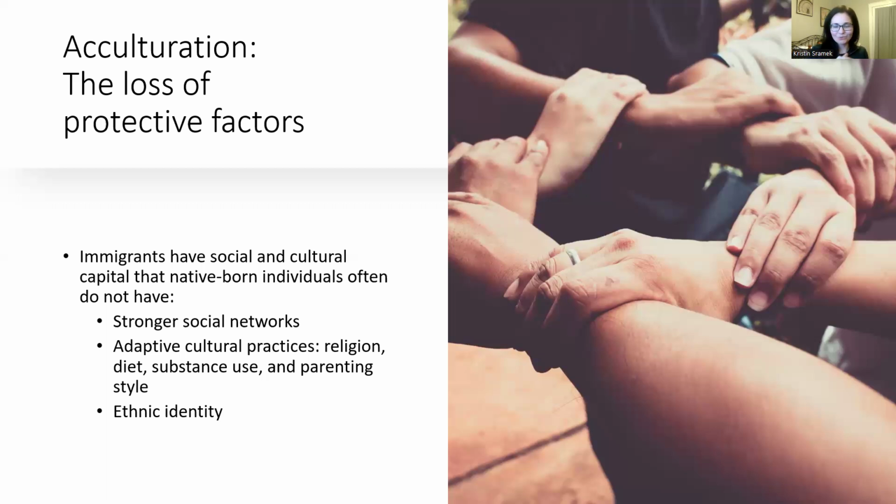Or we're here to use this particular substance. Also, people who have stronger social networks and stronger social ties are less likely to engage in substance use. Those are protective factors. That's not always the rule, but it's a good protective factor.